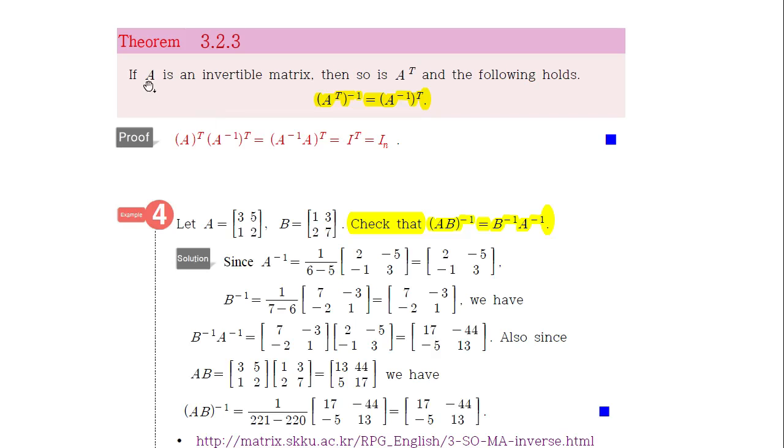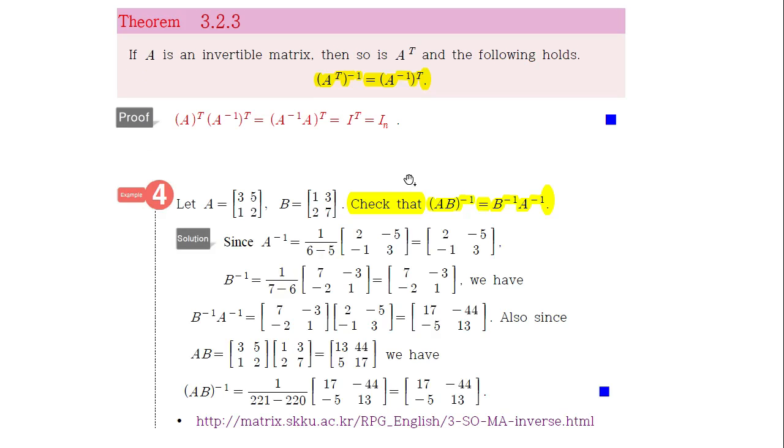If A is invertible, then the inverse of A transpose is the transpose of A inverse. How? That's right. All you have to do is just multiply, just find the product of those two matrices. Just check it. If A transpose times this is identity, then that's it. That's the inverse.